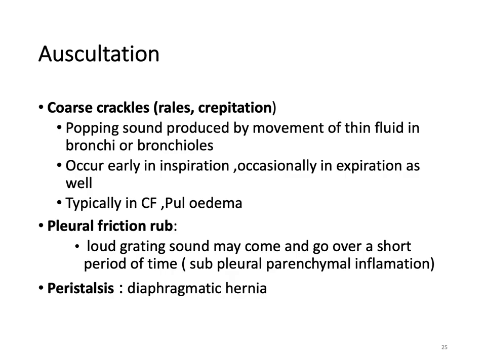And about pleural friction rub, which is a loud grating sound, it may come and go over a short period of time. It's due to subpleural parenchymal inflammation. And note also that peristalsis can be heard in the chest in patients with diaphragmatic hernia.